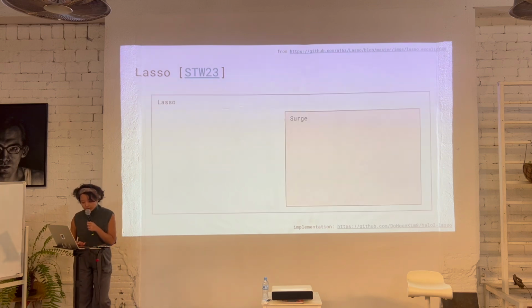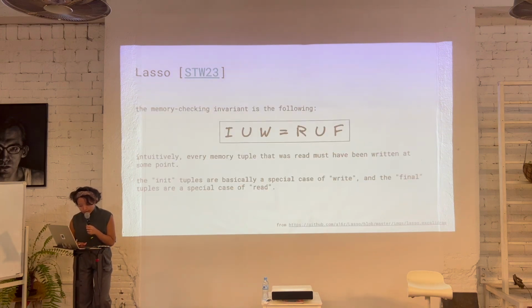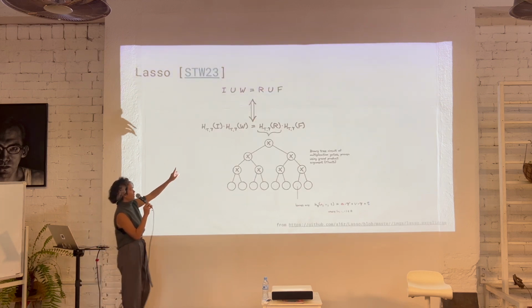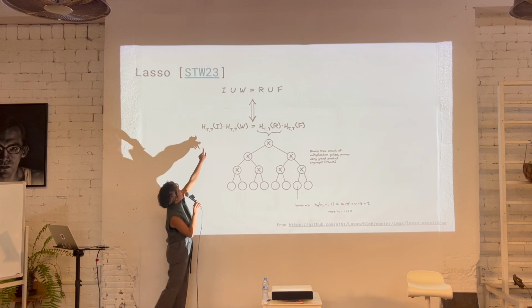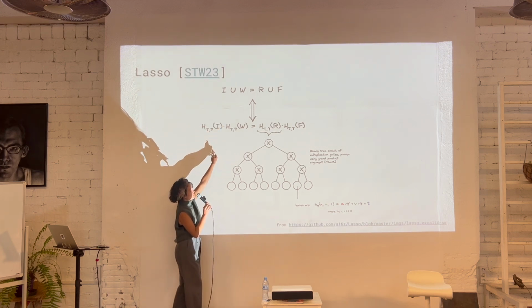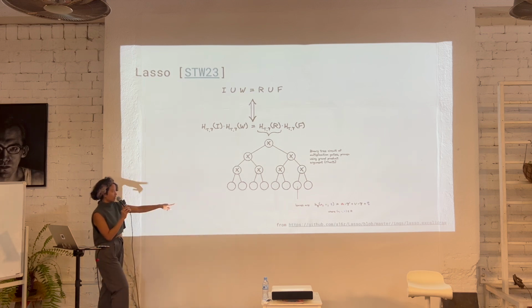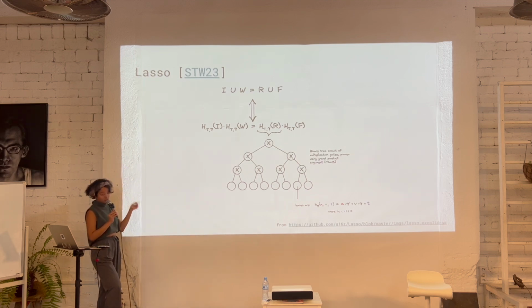And in Lasso, they did end up with this grand product identity here, which they directly computed using GKR. So this technique inspired Lookup GKR.